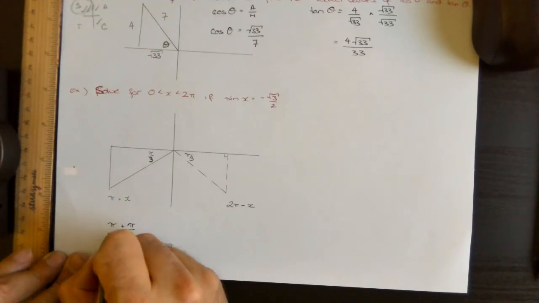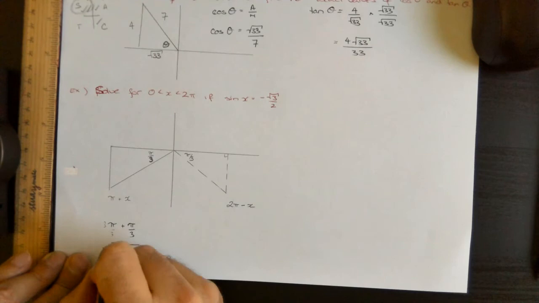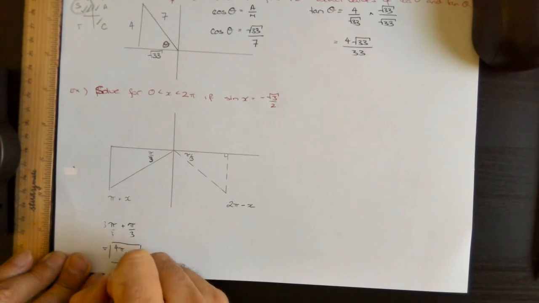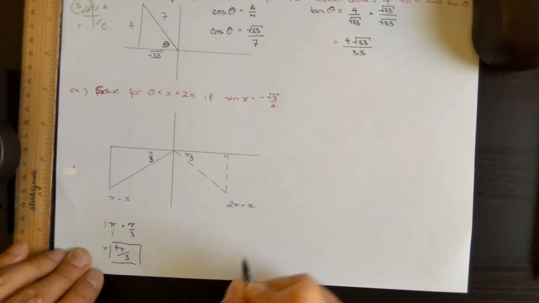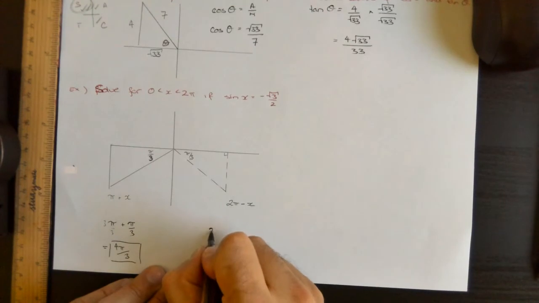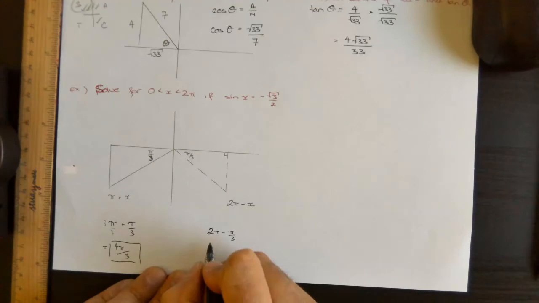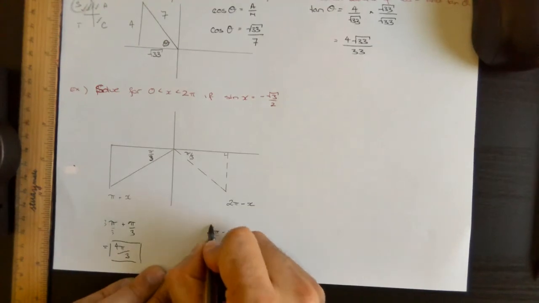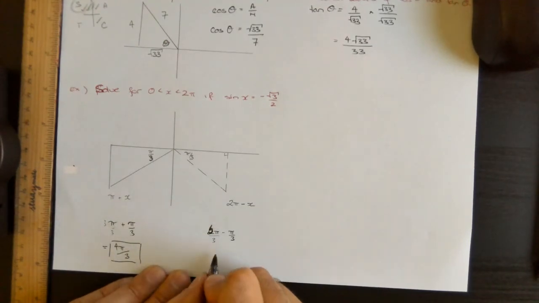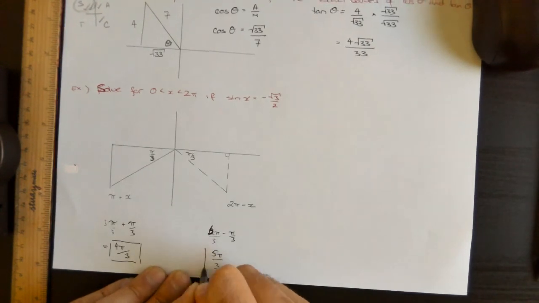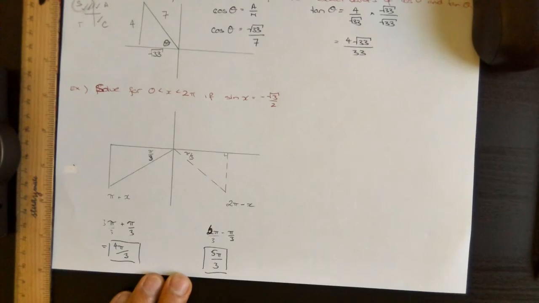If we multiply this by 3, so 4 pi on 3. And here it's going to be 2 pi minus pi on 3, so 6 pi minus 1 pi is 5 pi on 3.